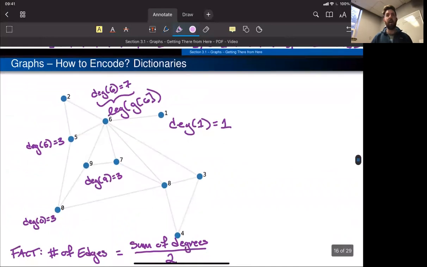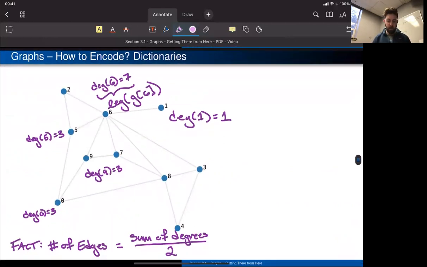A couple of terminology things as we jump into this. When I begin looking at a particular node or vertex, I can look at its neighbors, or the things that it happens to be adjacent to, and I could obviously count those things up. 0 is connected to 3 things, so I'm going to say that the degree of that particular node is 3. 1 is only connected to 1 thing, so the degree of it is going to be 1. 6 is actually super connected to a whole bunch of stuff, which would simply mean that it has a lot of neighbors, or that its degree is quite large.